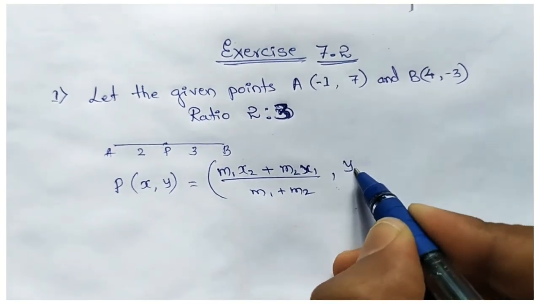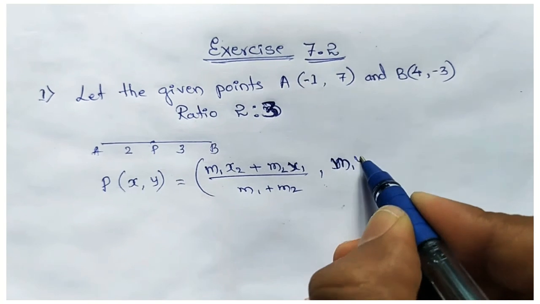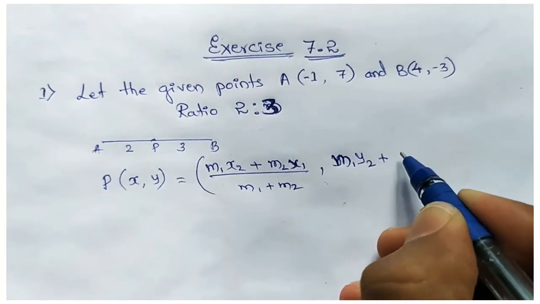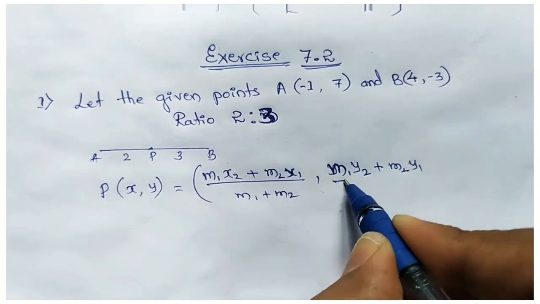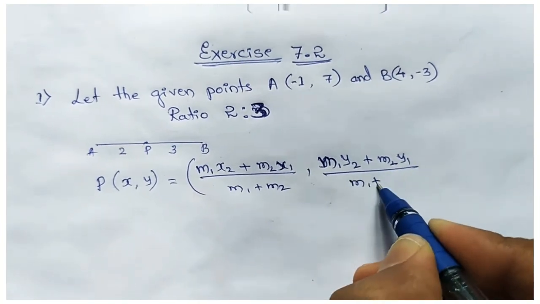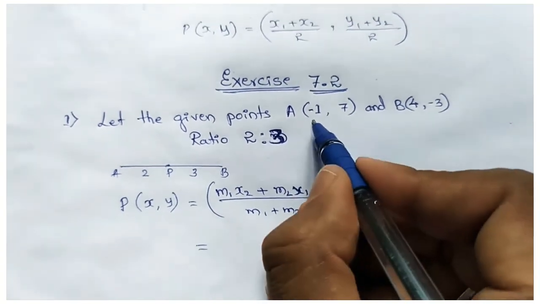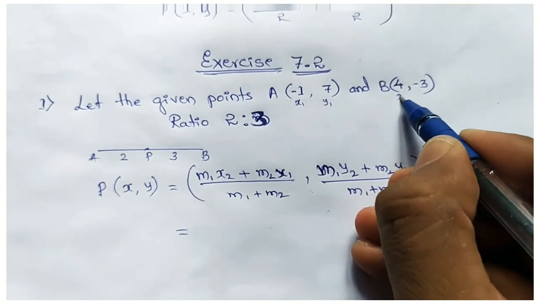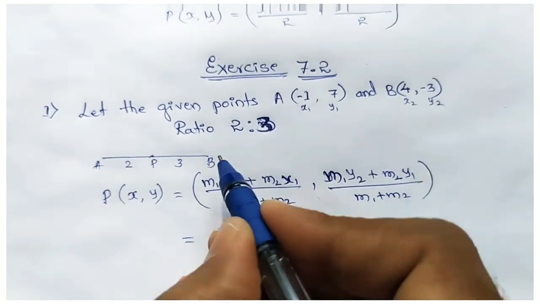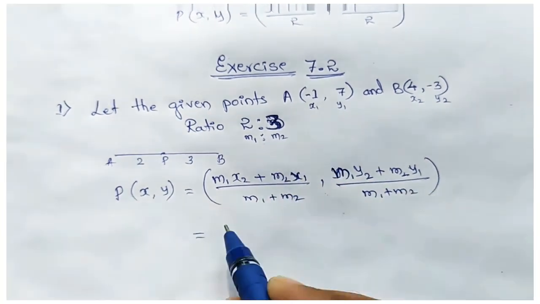Next, y is m1 into y2 plus m2 into y1 divided by m1 plus m2. Okay, substitute the values. Let's take it as x1, y1, x2, y2, and this is m1 is to m2.